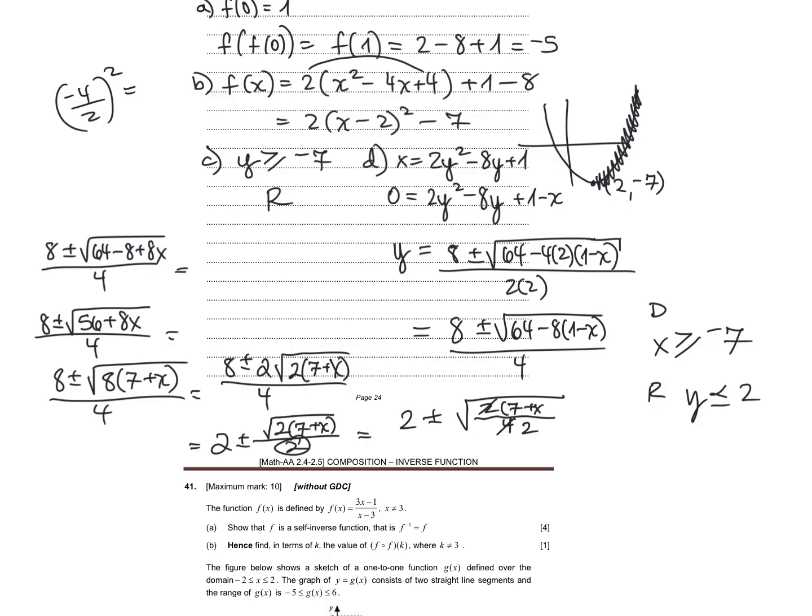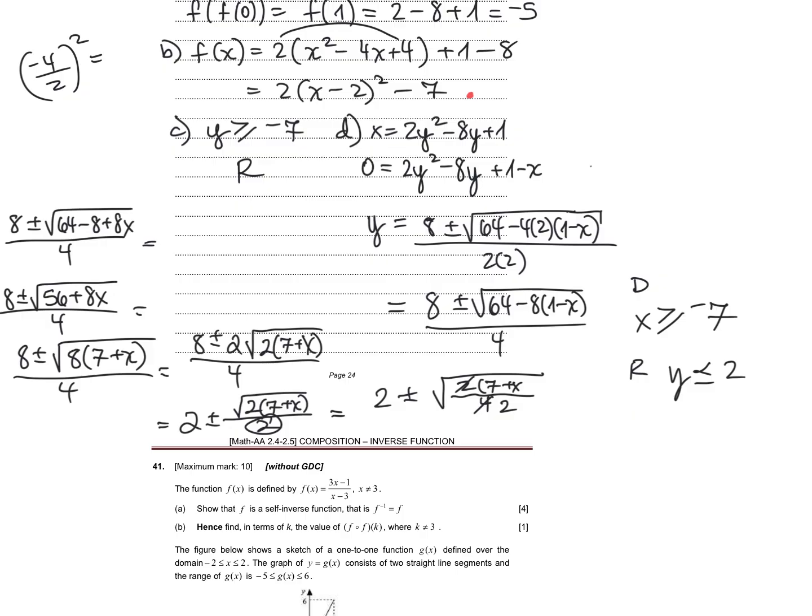And when this flips over the line y equals x, we're going to have (-7, 2). So like this. Okay, so I did a better sketch, because the black function has vertex (2, -7), and the y-intercept was (0, 1).